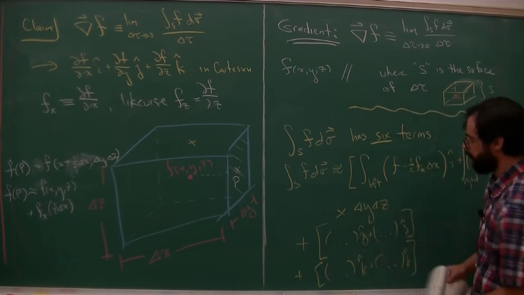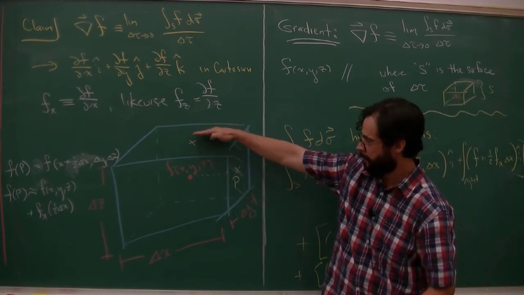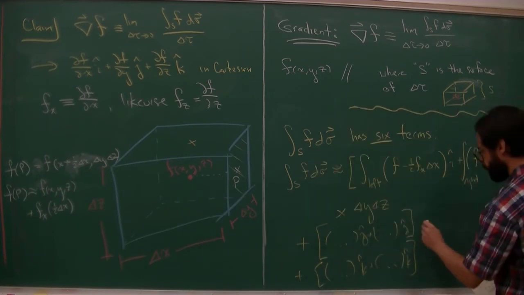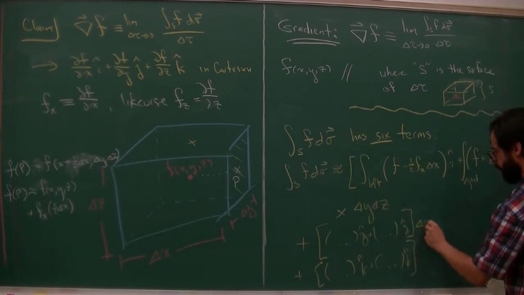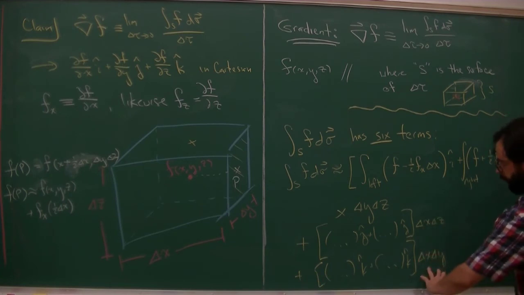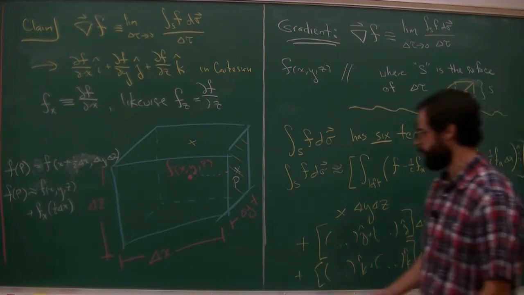And the stuff inside of this is just f, but it's evaluated at that front, back, top, or bottom panel. And then here we're going to have delta x, delta z, and here we're going to have delta x, delta y. Right? So area times value of the function. These are essentially like pieces of a Riemann sum.